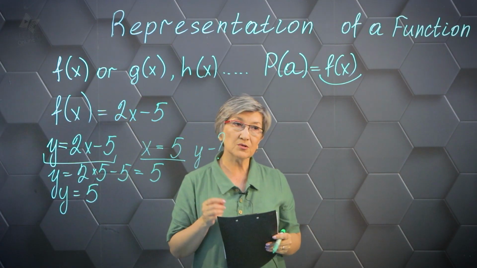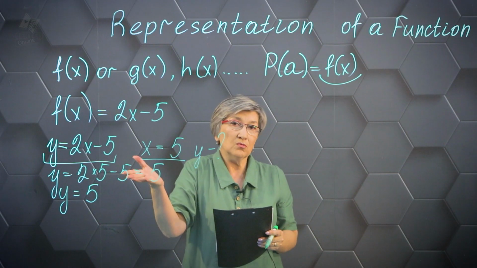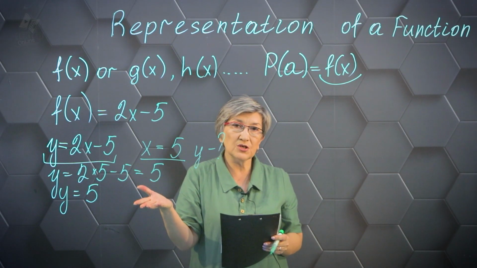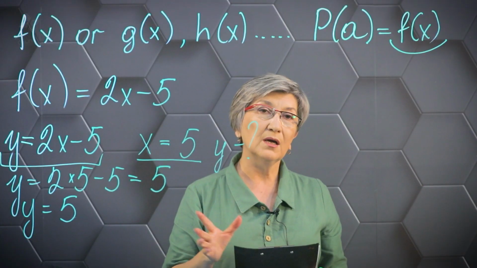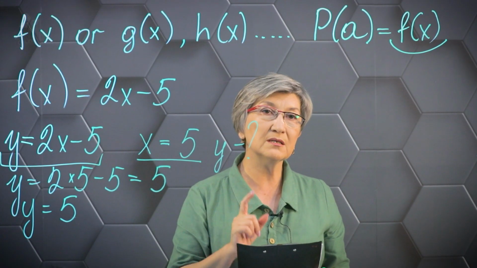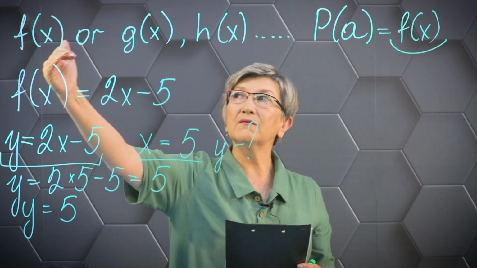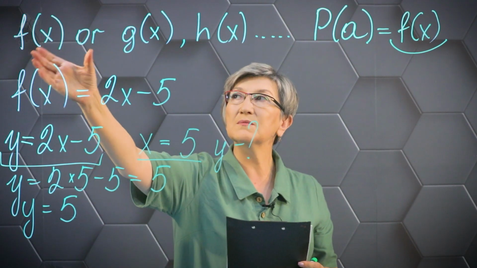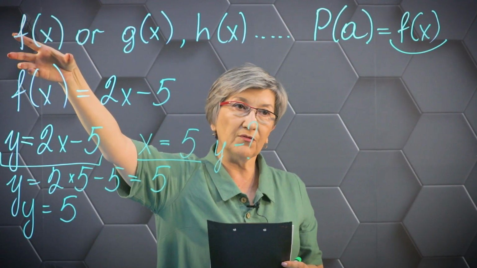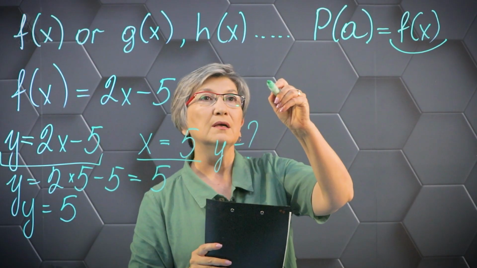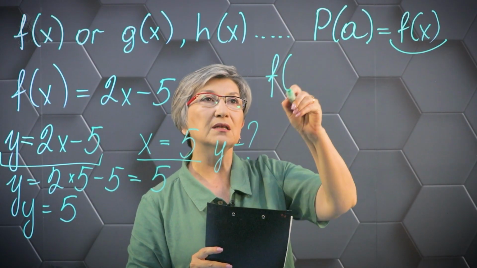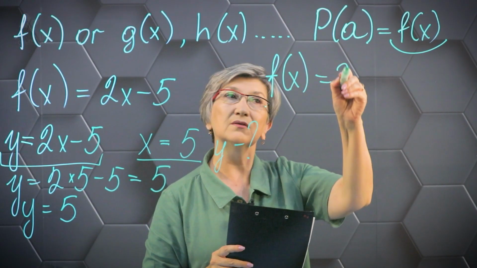But in this case, you can say we're just substituting the value in place of the x variable. Yes, I agree. But this notation might look different. If functional dependence is defined by writing f of x, g of x, and so on, then I can write that f of x equals 2x minus 5.